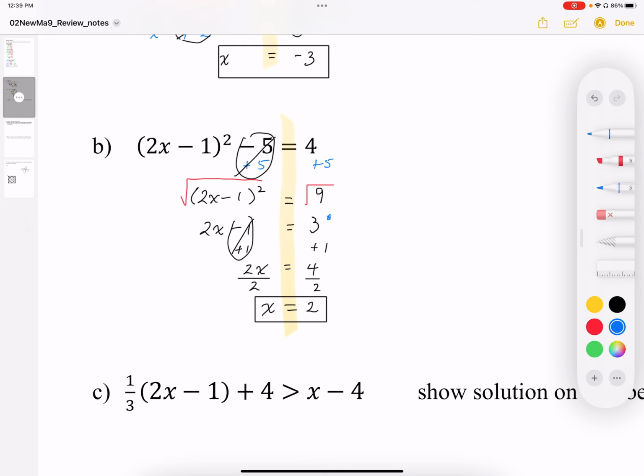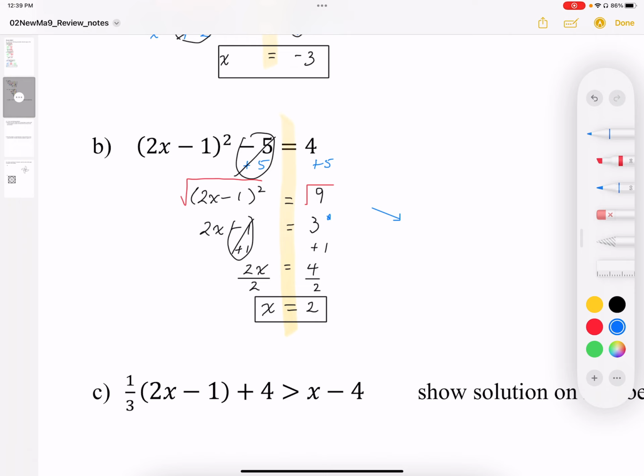Okay, so I did mention that 3 wasn't the only answer. And we're not responsible for this right now, but later on, and in particular in grade 11, we deal with quadratics and we have to deal with the plus and minus possibilities all the time. So this 9, some number squared equals 9.